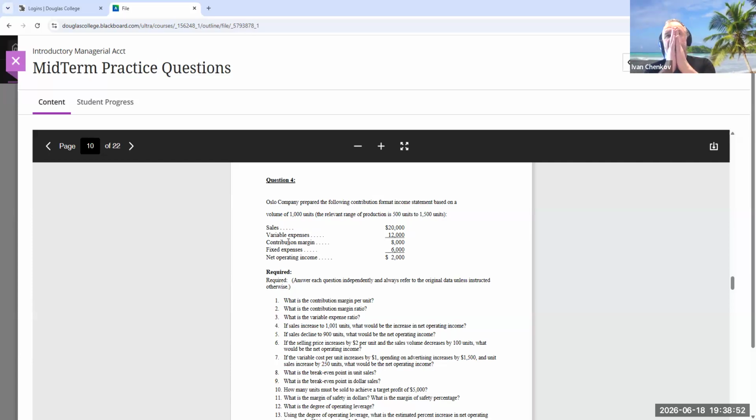The other question is, this data is based on a certain volume. What's the volume? Volume is 1,000 units. So the sales are 20,000 only because we're selling 1,000 units. Variable expenses are $12,000 only because we're selling 1,000 units. And contribution margin is 8,000 only because we sold 1,000 units.